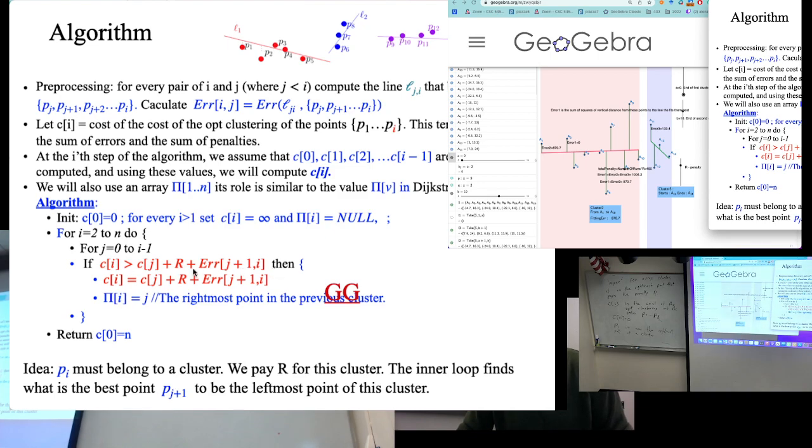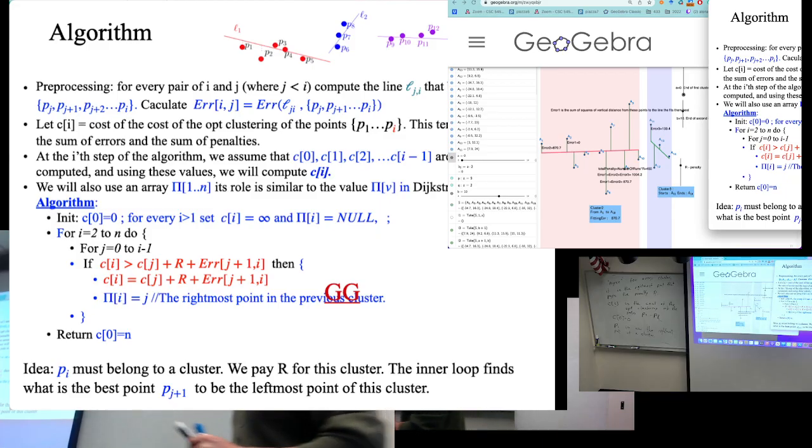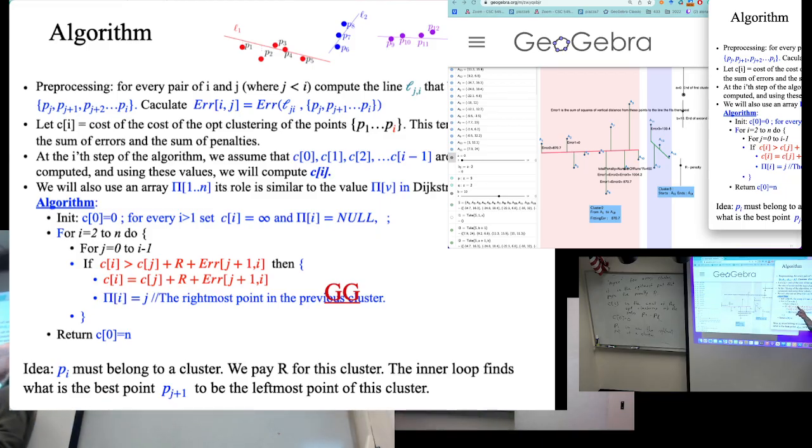And I pay 1 R, because it's just one cluster, plus the error of fitting a line to all these points, plus C of 0, which I initialized to 0. Now, what is the optimum value of J that I should pick? I'm not sure, but I know that it's smaller than I. So I'm just checking all the J's from 0 up to I minus 1.